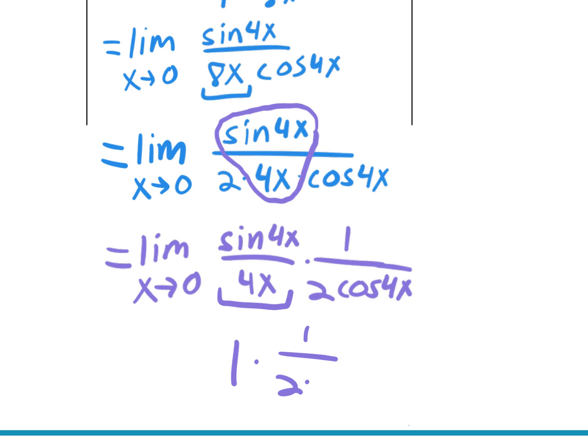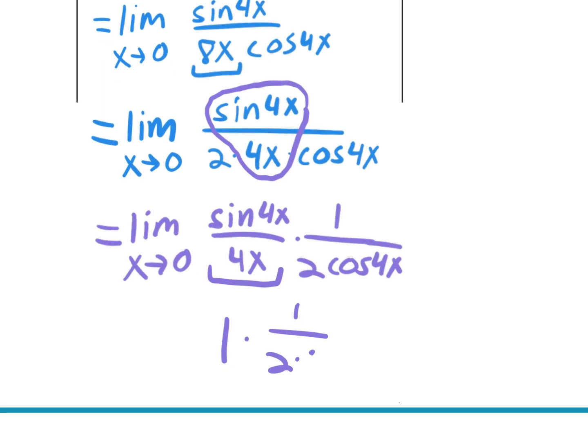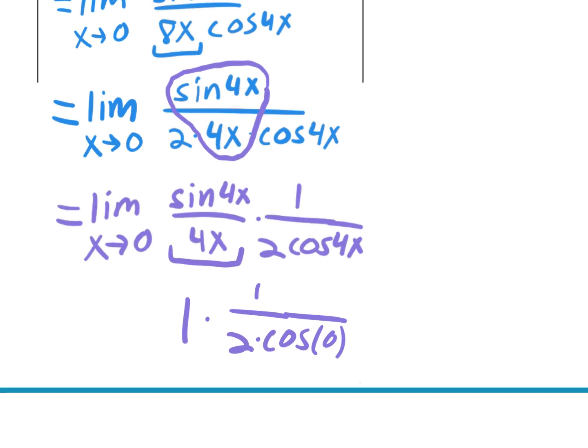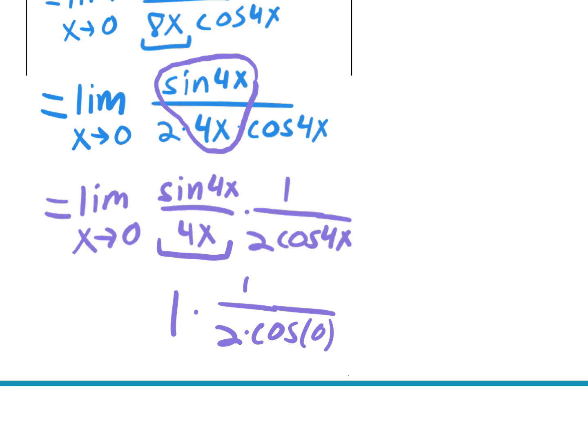We can plug in now. Cosine of 0. Here is where I did my direct substitution. What is cosine of 0? Do we know cosine of 0? So then this is the same as 1 times 1 over 2 times 1, which we can simplify to 1/2.